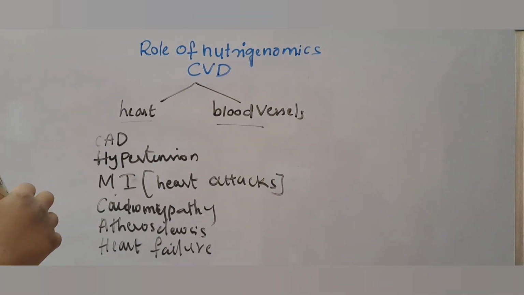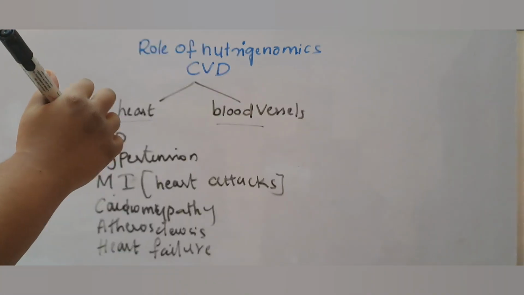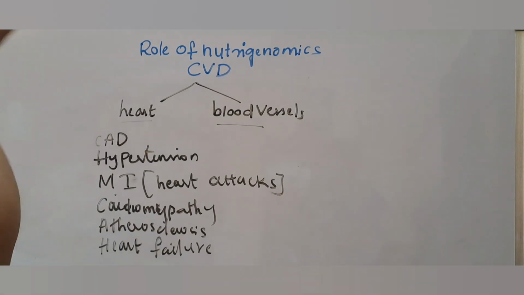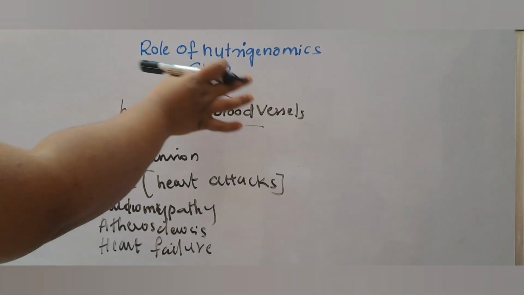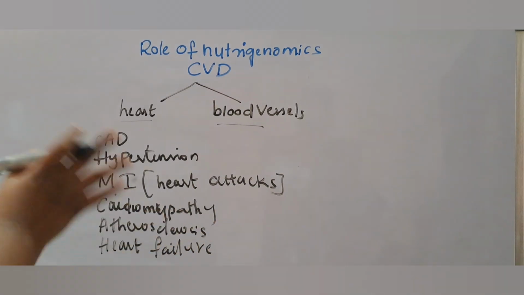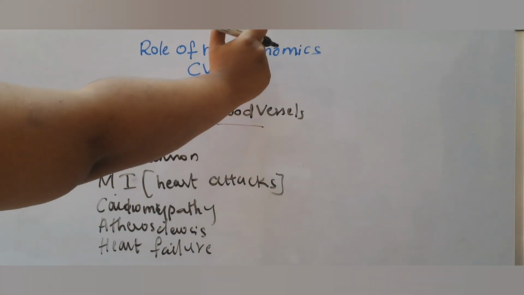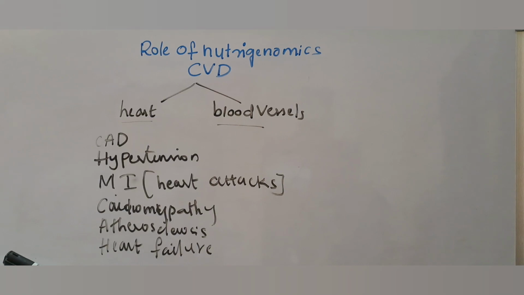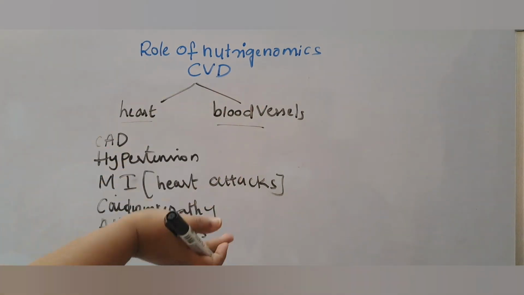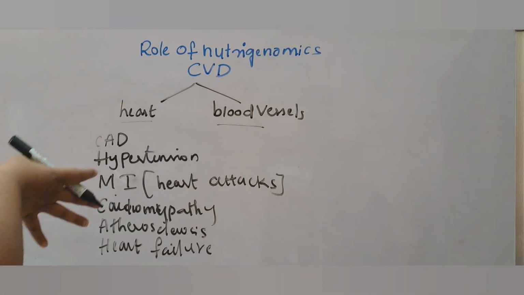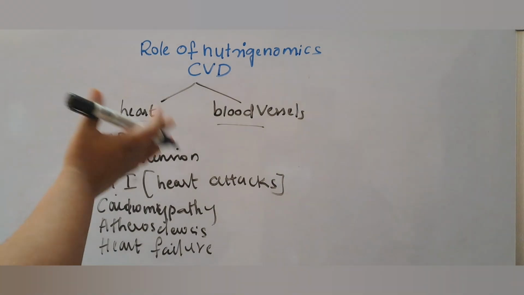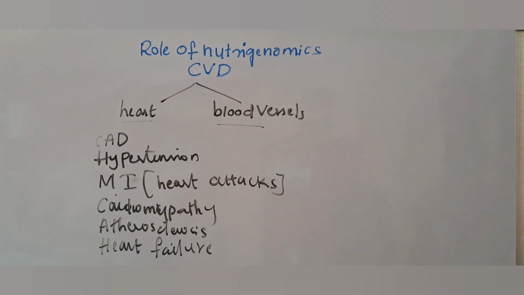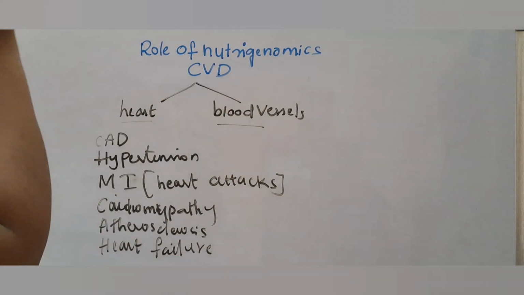Okay, before I talk about CVD, I want to talk about nutrigenomics. As you know, it is the interaction between nutrients and genes, right? So in all metabolic disorders we are talking about gene-diet interaction, how the gene is varying, and how nutrition is preventing or reducing the diseases. The entire topic will be covered in that manner only.